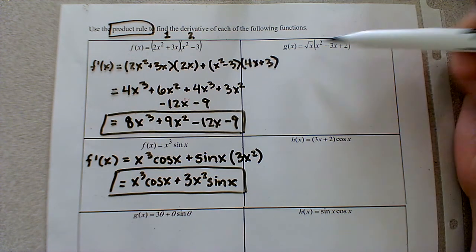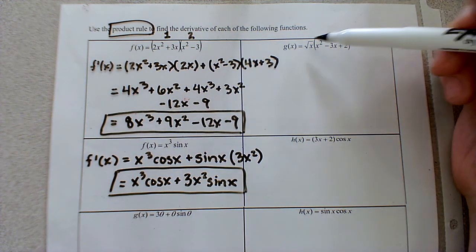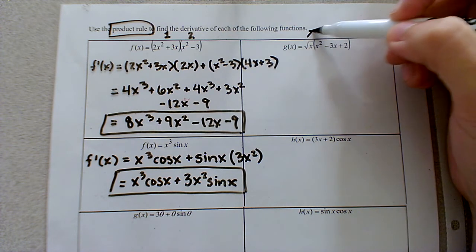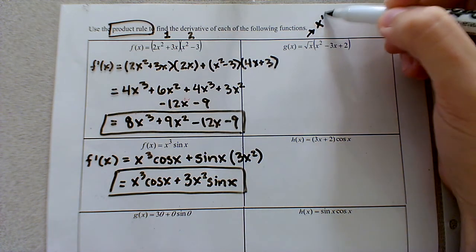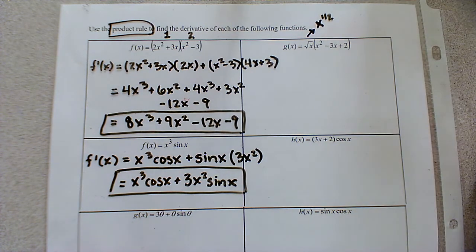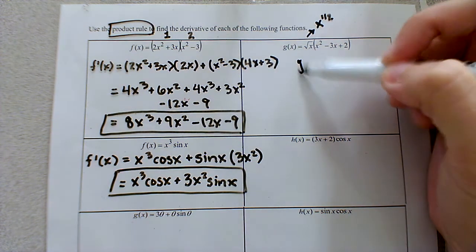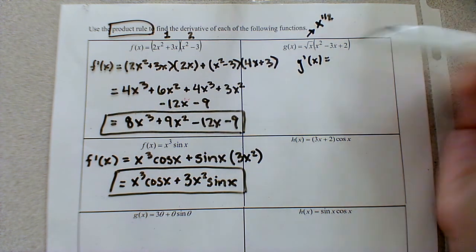All right, let's go ahead and take a look at G. Notice how we are multiplying two things together, and it might be beneficial for us to rewrite the square root as x to the 1/2 power to help us actually go through the product rule, because we might have to use that power rule derivative shortcut in the process. So let's go ahead and tackle the derivative.